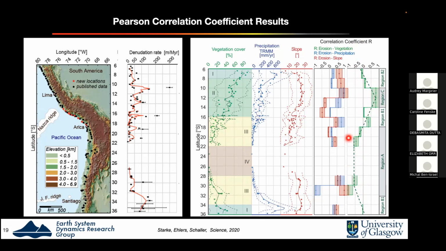But this systematically changes as you move out of this zone. Now, what's interesting about this is that you progressively get a stronger positive correlation with vegetation as you move north, and then you reach some sort of level of vegetation around 60% cover within catchments, and then it starts to reverse and go the other direction here.